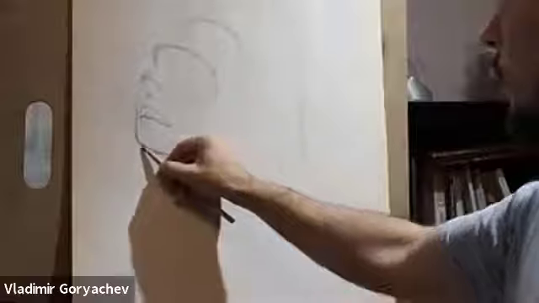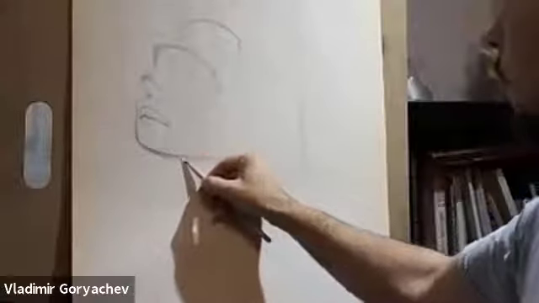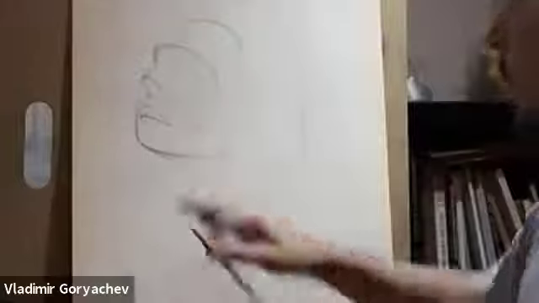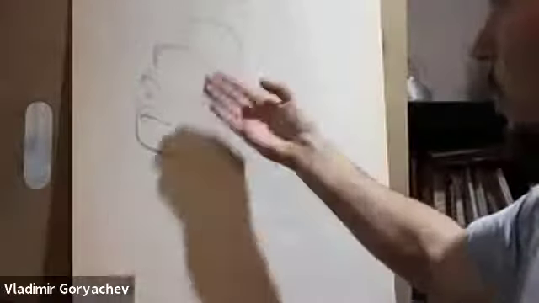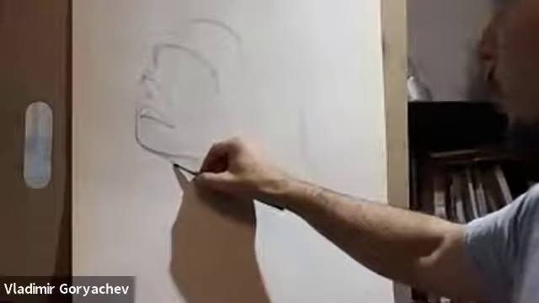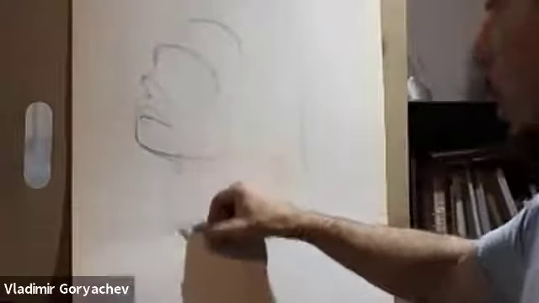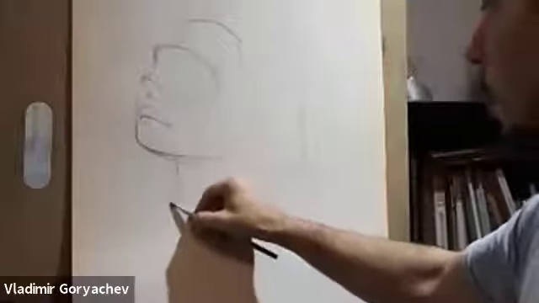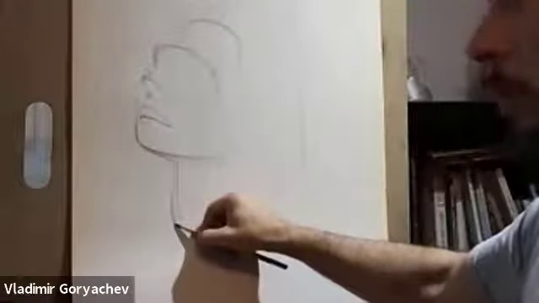So we see a little bit of the bottom plane of the head that helps us to think that this has planes, it has thickness underneath. And we can stretch the neck. Think about, where is it going to go? Where is the muscle that comes around it?